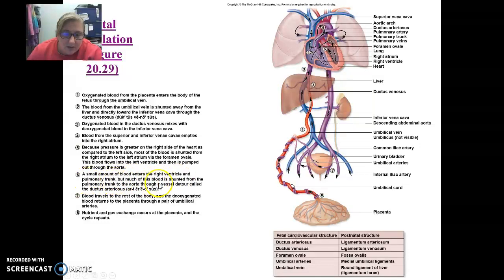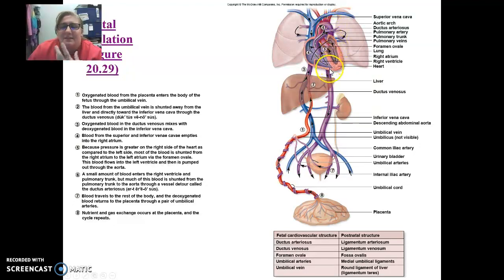The pulmonary trunk, and then shunted through the ductus arteriosus. That's what I thought. The ductus arteriosus right here. So blood moves from the pulmonary trunk through the ductus arteriosus to the aorta. And then it's going to move out.